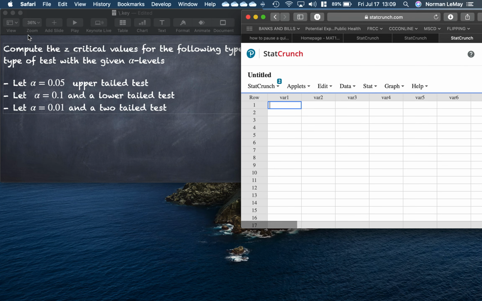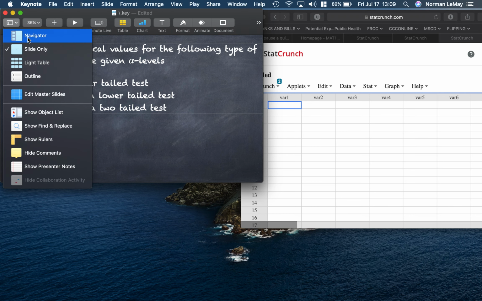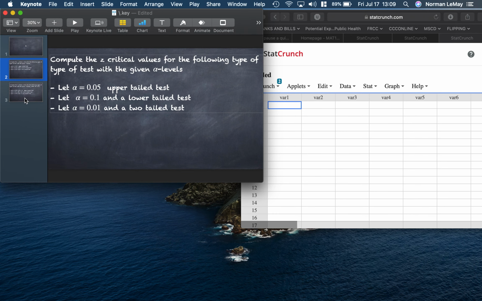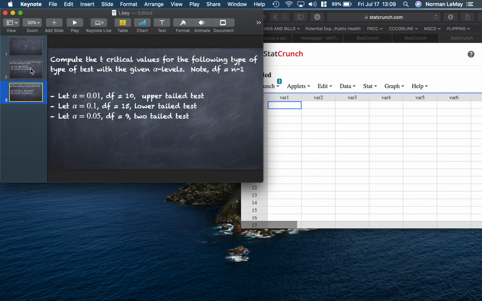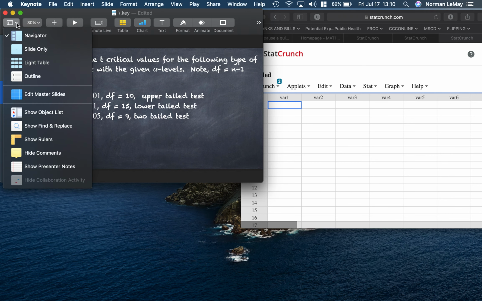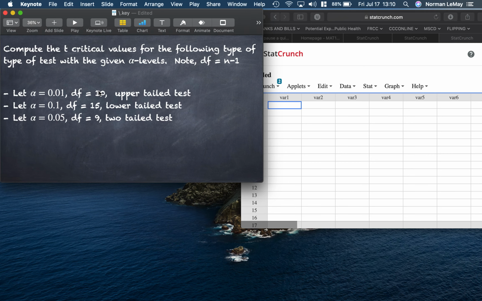All right, so now let's switch our attention over here to finding critical values for hypotheses regarding means. In this case, we're going to find a t critical value.